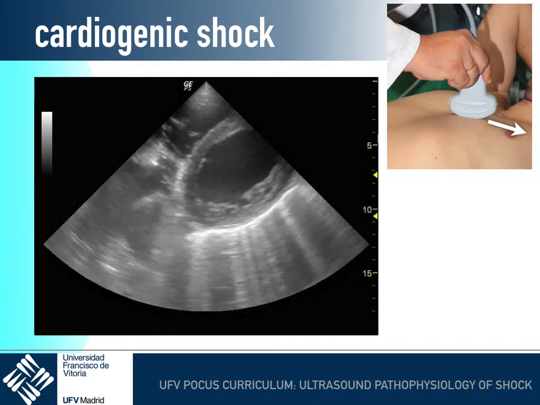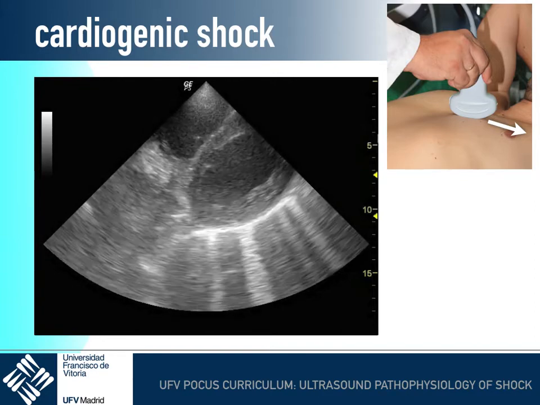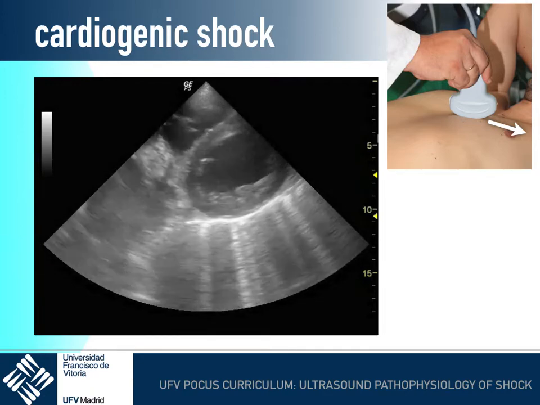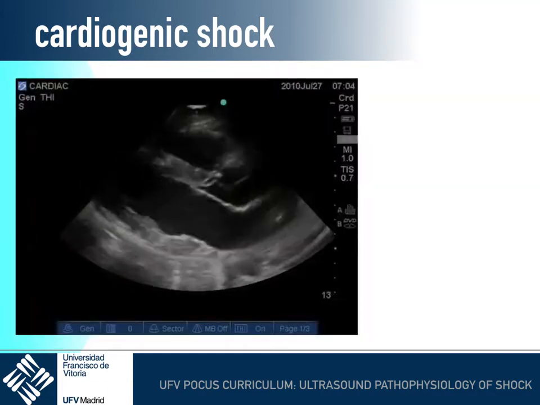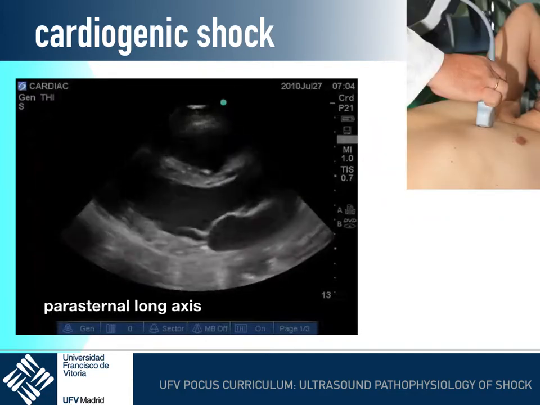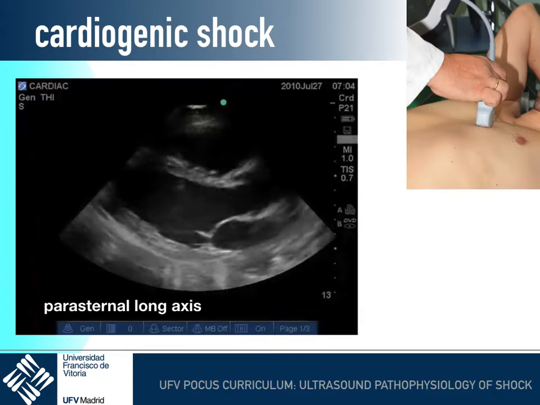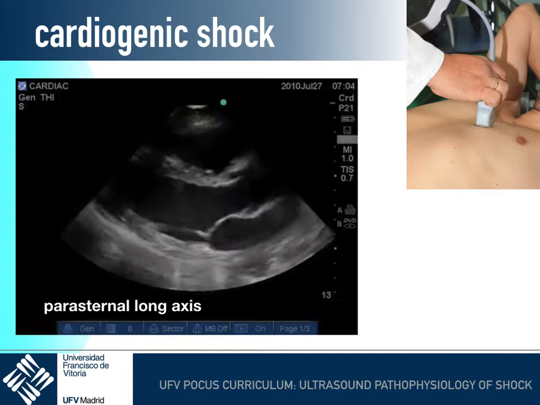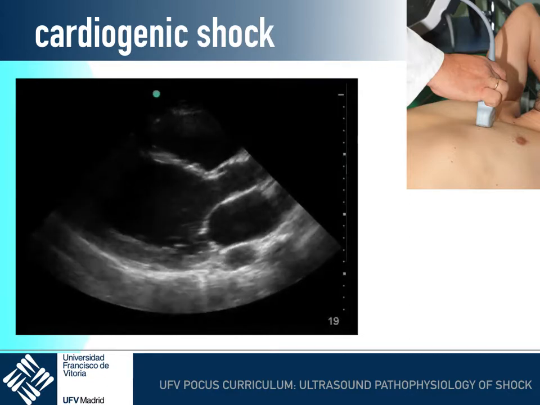So it's totally different than this situation in which there's no contraction. We don't need to take any numbers, we don't need to measure anything, because with just eyeballing, we are considering there's no contraction here. This view, which is the parasternal long axis view, we're assessing two things. One is the walls coming down, and second, look at the mitral valve, especially compared with this.